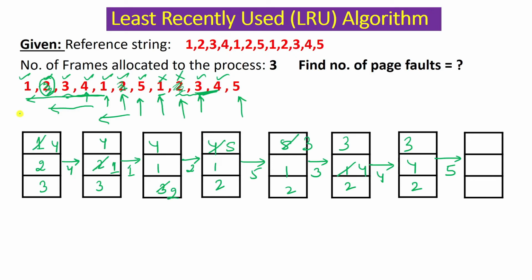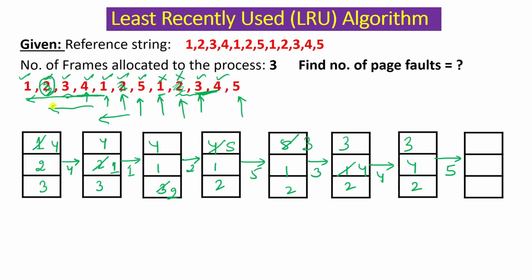So I should replace 2 only. The page that is not getting used, I am assuming that in the future also it will not be referenced, right? So on that perception, I am saying the least recently used page will replace this 2.